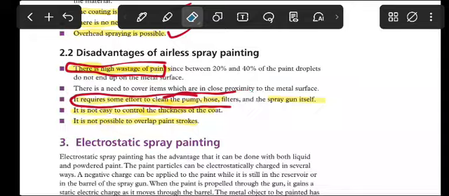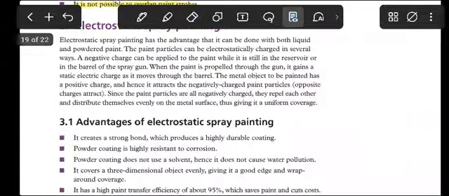If you can take those notes, there's a need to cover items which are more proximate to the metal.